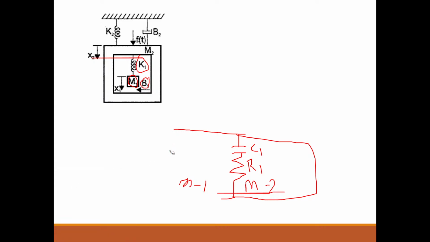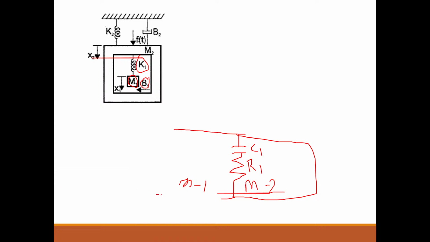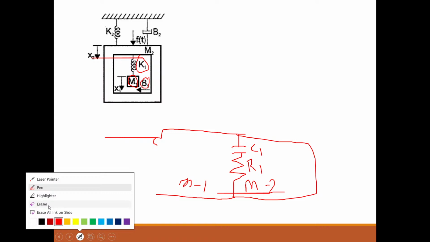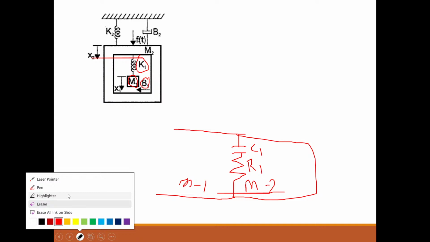So I can erase this, and I can draw an inductor here. I will put a line here and draw an inductor now.